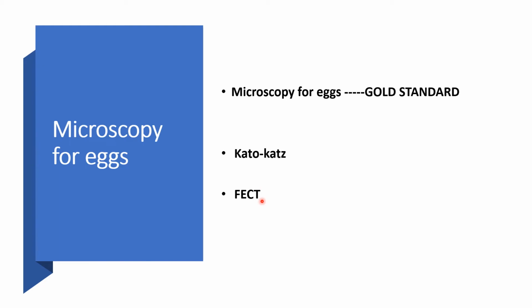The FECT is all about formalin ether concentration technique. This is helpful if you are dealing with Schistosoma japonicum. And the reason is that Schistosoma japonicum will have small eggs. So if that is the case, please go back and review the life cycle again and also the epidemiology.